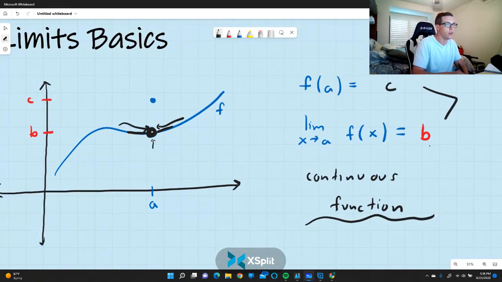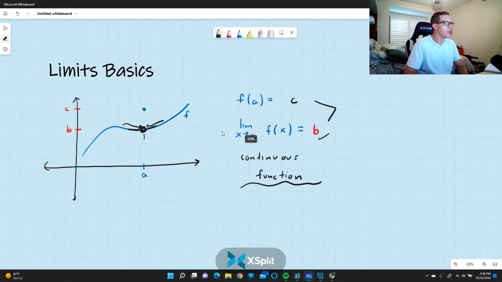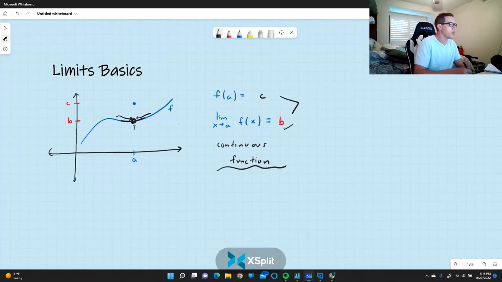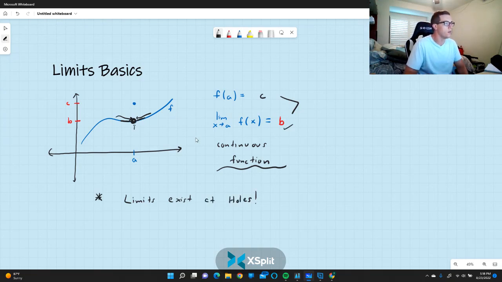So it is still approaching B. So the thing I told you last year that was a key thing to remember is limits exist at holes, aka removable discontinuity. If you have a hole, you still have a limit there because your left hand and right hand are approaching the same value. It doesn't matter if the function is defined elsewhere or not. Our fingers are getting closer and closer to each other. You're approaching the same y value. So that's a graphical representation of how limits work.